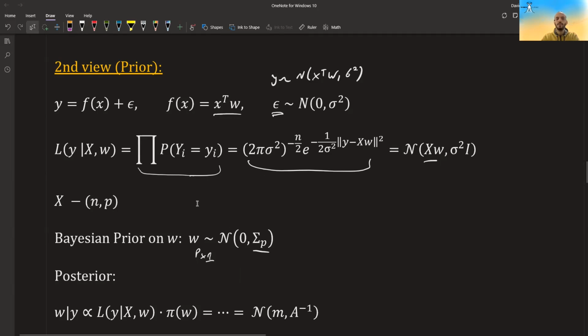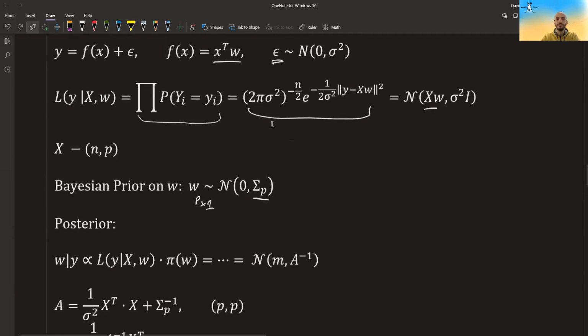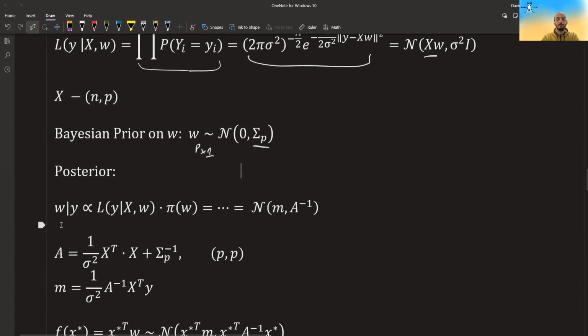Okay, so if we have this, then what will be our posterior? What will be our weights given our data? Well, it will be proportional to the likelihood times the prior. And after a lot of derivation, you get that this is actually also multivariate normal with some mean vector m and some covariance matrix A inverse.